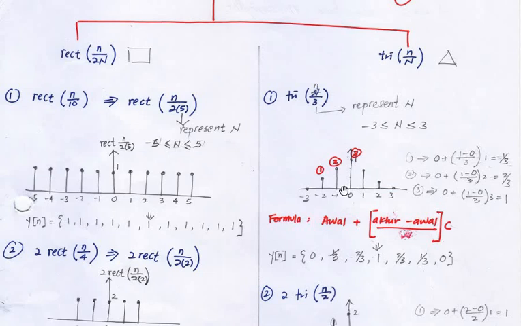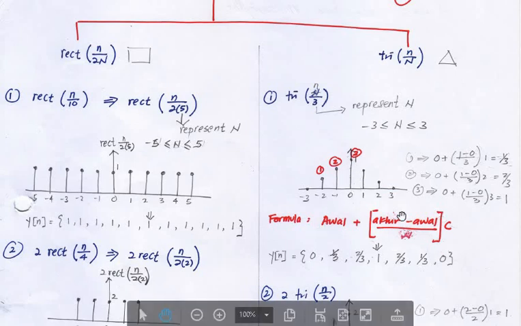So divided by 3 times the first one, times 1. So you get 1 over 3. The second, 0 plus 1 minus 0 divided by 3 times 2, because you are the second, times 2, you get 2 over 3. And then the third one, you already know that is 1.